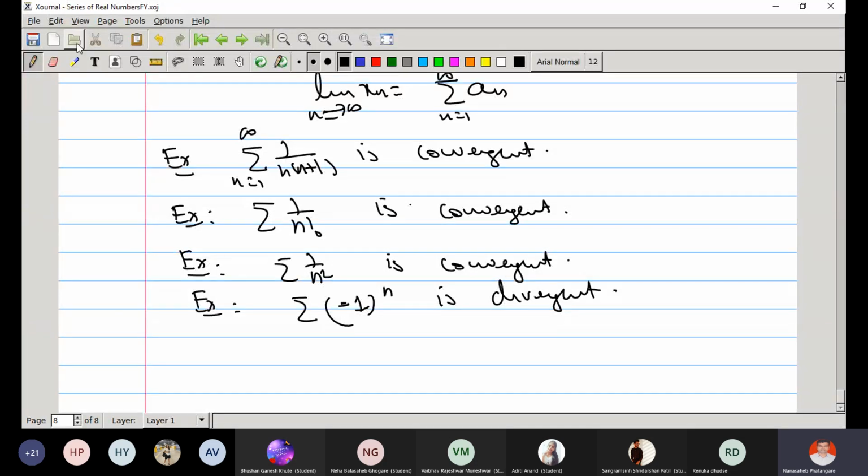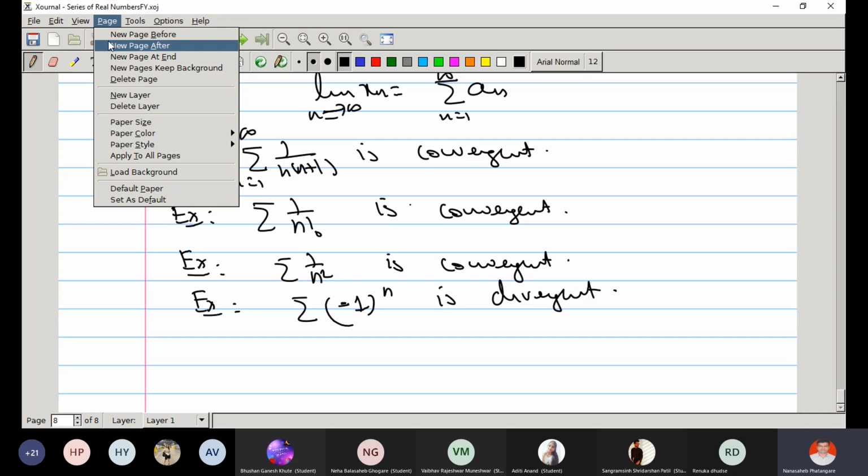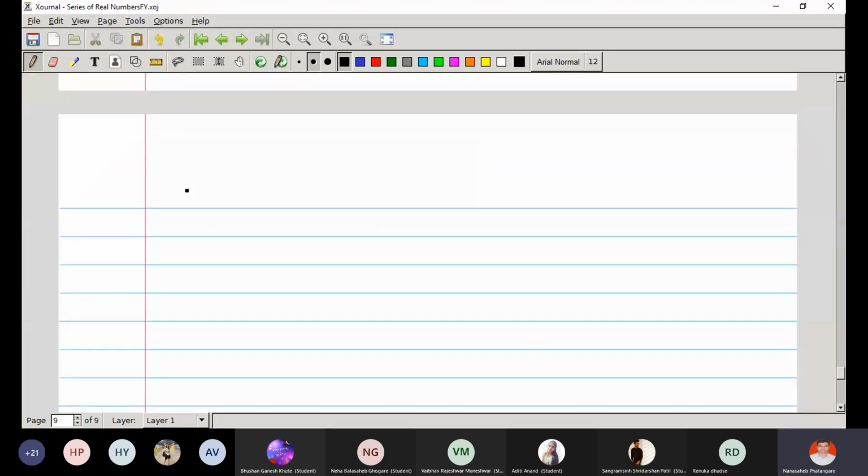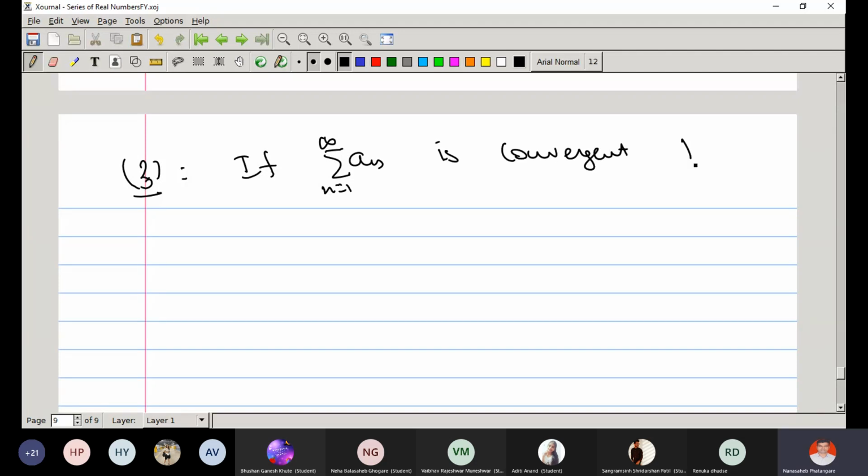We also saw an important result yesterday. What was that? If the series an is convergent, then limit n tends to infinity of an is 0. Right, so what is an? an is the nth term of the series. an is not the sequence of partial sums.